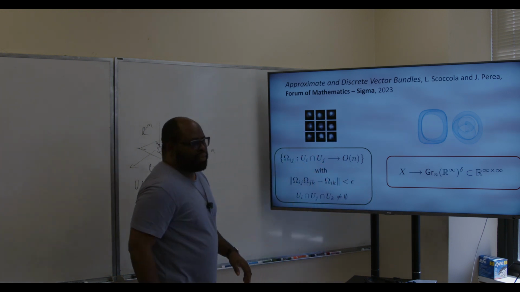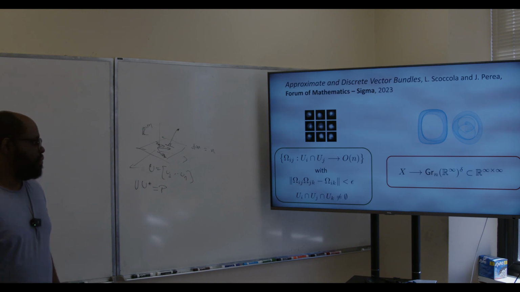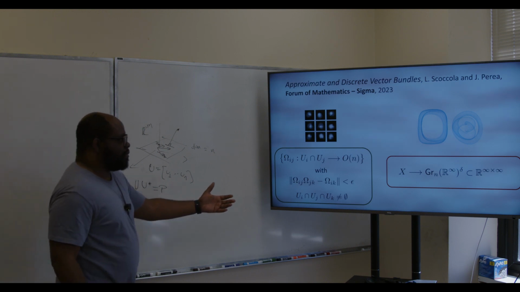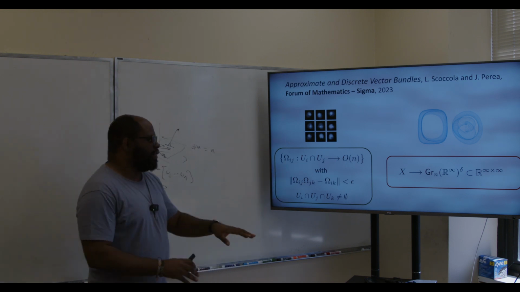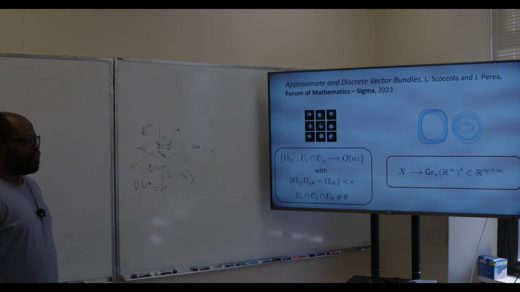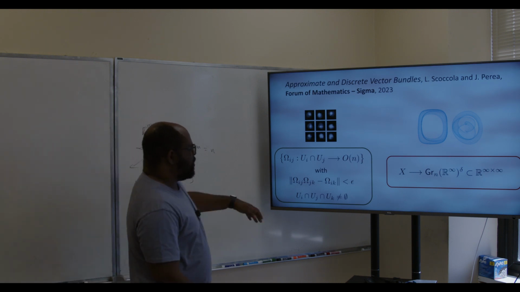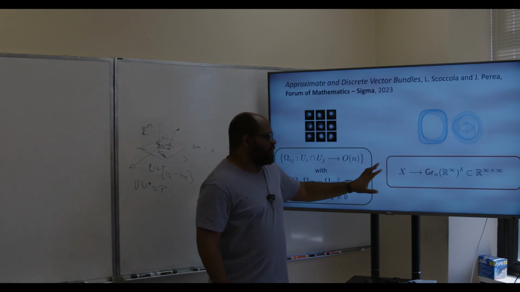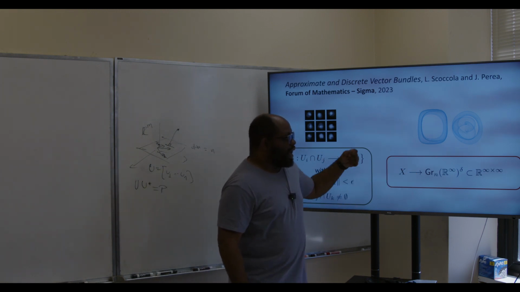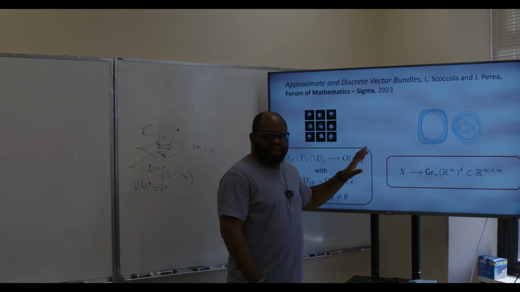Do you know epsilon in advance, or do you estimate it? This is something you can estimate from data. You have the images, you can align them, that gives you the epsilon. So the goal, and this is what this paper does, is to see to what extent these things do align with vector bundles in the classical sense.